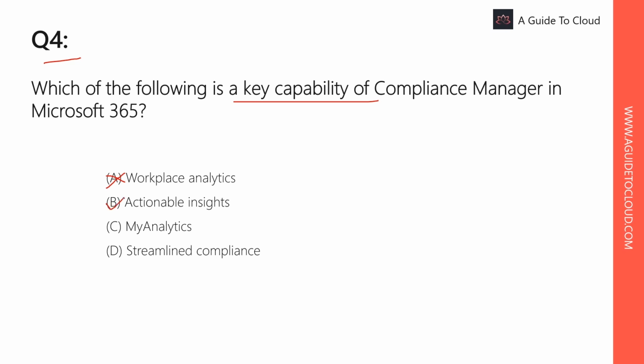Actionable insights is a key capability of Compliance Manager where you can take decisions based on its recommendations. Is it MyAnalytics? Definitely not. MyAnalytics is an individual tool which gives you data gathered by AI on your usage patterns so that you can get a better work-life balance. Is it streamlined compliance? Definitely not. So the right answer is actionable insights, which is option B.